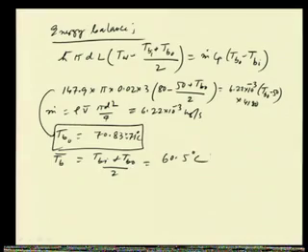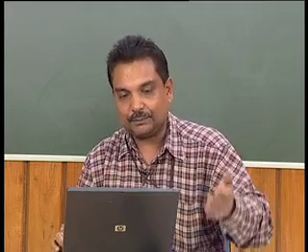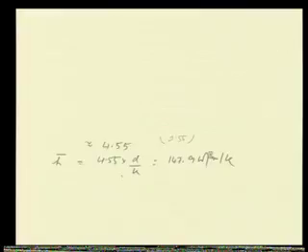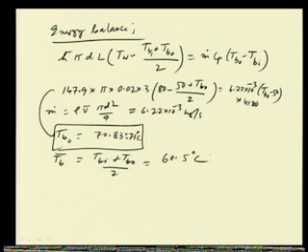So, we have to now redo all the previous calculations. It is called trial and error. We have to continue this method till the old T_bO and new T_bO match.